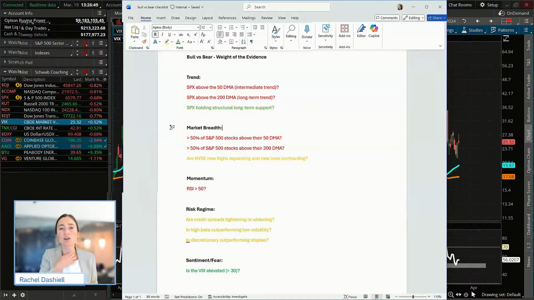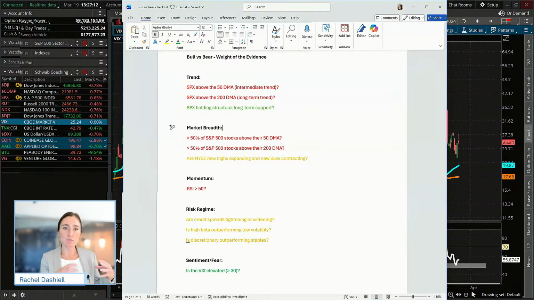That's going to be an environment where we're going to see momentum or RSI above 50, higher highs, higher lows, the S&P 500 trading above its moving averages, and breadth expanding. So that's more of this tailwind type of regime. That's environment one, our bullish alignment.